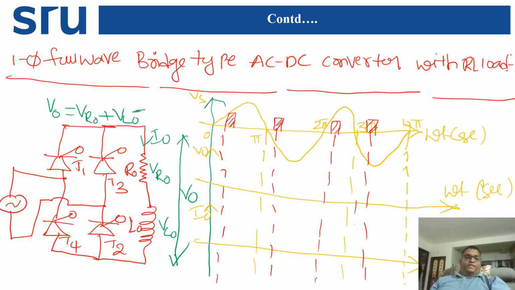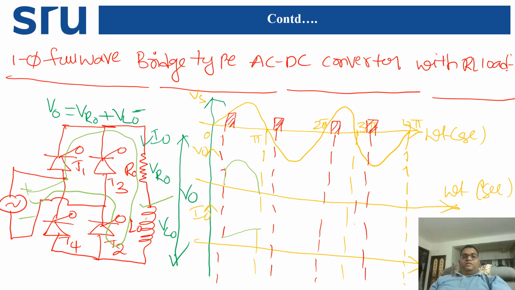For the first positive half cycle, this is plus and this is minus, so T1 and T2 will conduct. Here the difference is the inductive load. An inductor does not allow sudden changes in current, so it will slowly charge from alpha to pi, and whatever voltage is there will appear over here.